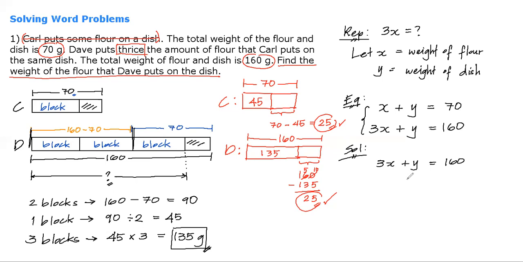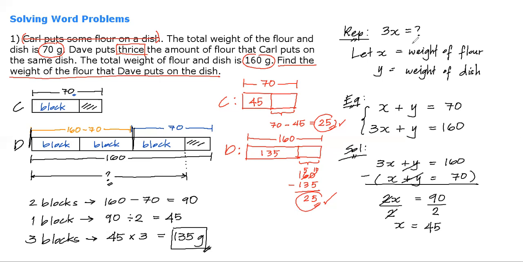And x plus y is equal to 70. Get the difference of both sides. So this will become 2x by elimination, and this will become equal to 90. Now we divide both sides by 2 so that we may solve for the value of x. So 90 divided by 2 is 45.